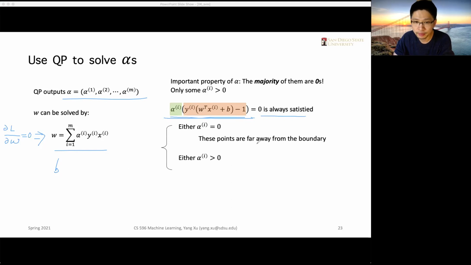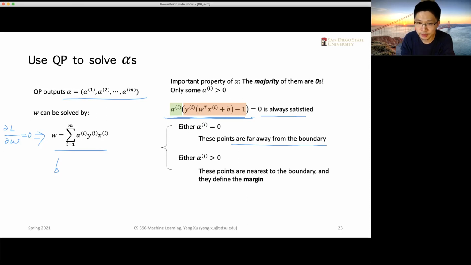And these are the data points that are far away from the boundary, okay? And if alpha is non-zero, those are the nearest data points, okay? And those correspond to the data points that are nearest to the decision boundary. And actually, it is these data points that define the margin, okay?